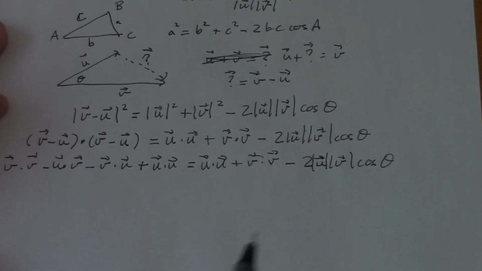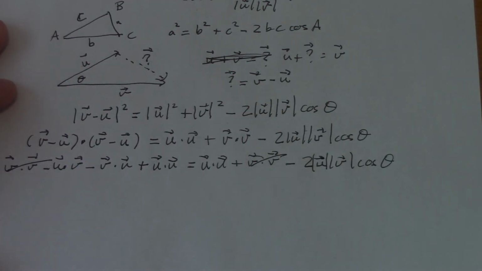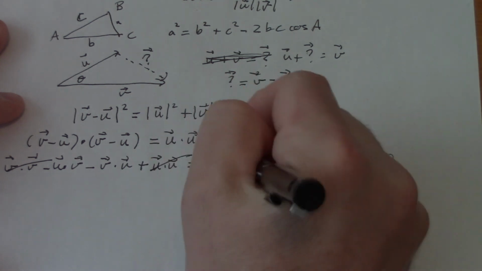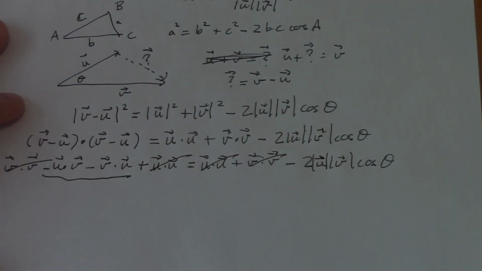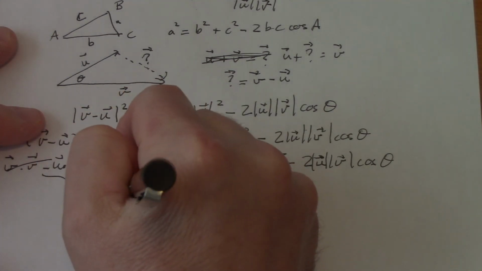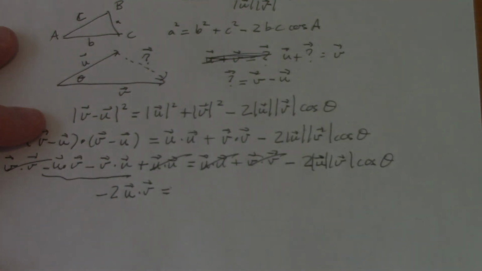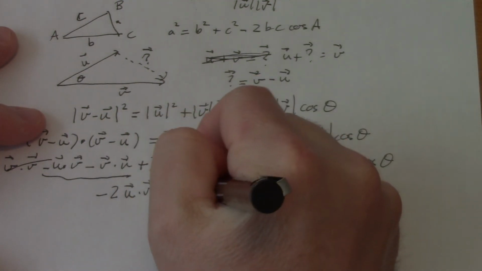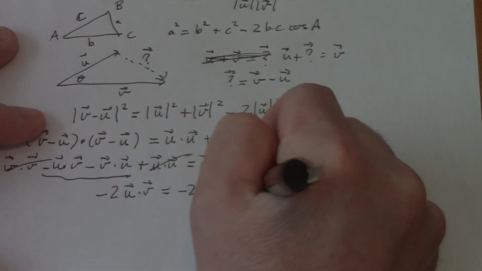So you see the same thing on both sides, you can get rid of it. So we've got V dot V on both sides. We've got U dot U on both sides. So those are all going away. These two guys, using property 1, those are the same thing, because the dot product is commutative. So this is going to be minus 2 U dot V, that's what all that side simplifies to, and what's left on the other side, minus 2 magnitude of U magnitude of V cosine theta.